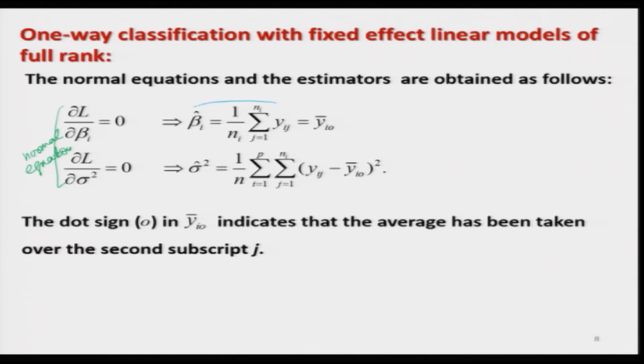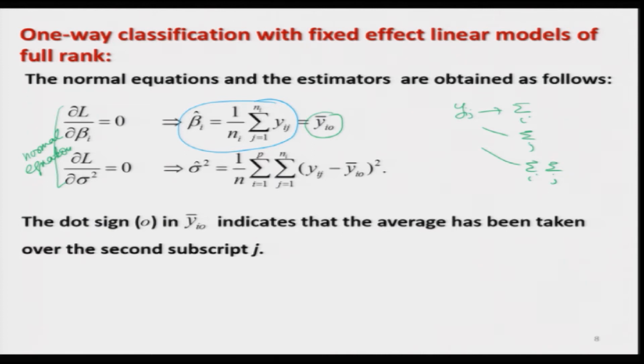You can see this is the same thing, that beta hat I will come out to be like this. Now, what you have to understand here is that I am trying to use a symbol y bar I naught. How has this been written? Where I am trying to write y I j, then I have 3 options. I can sum over only I, sum over only j, and sum over both I and j.